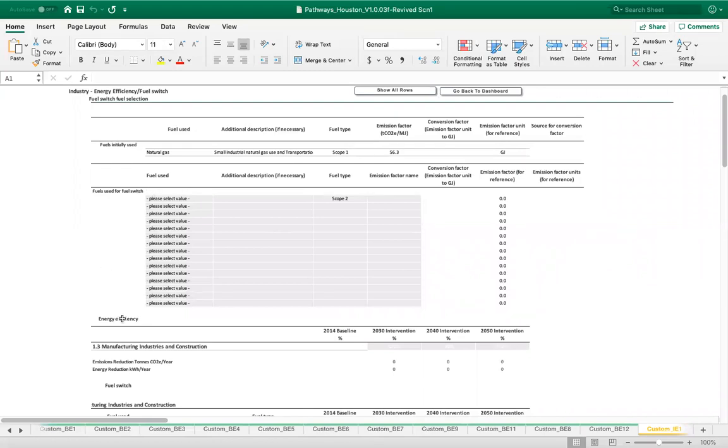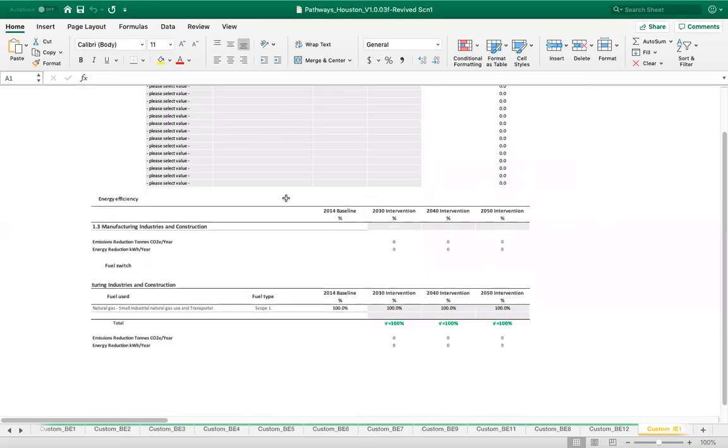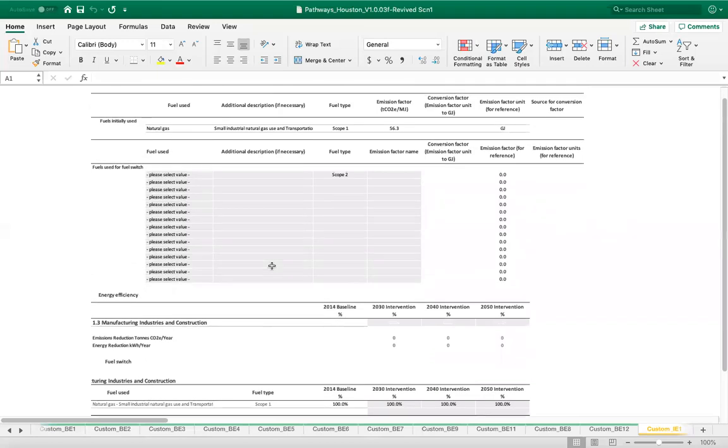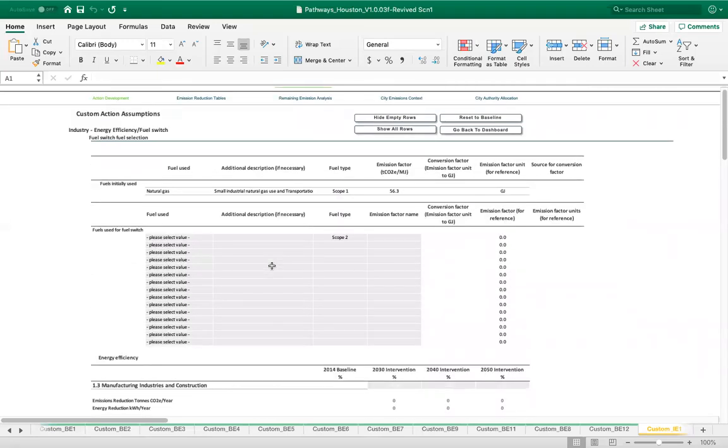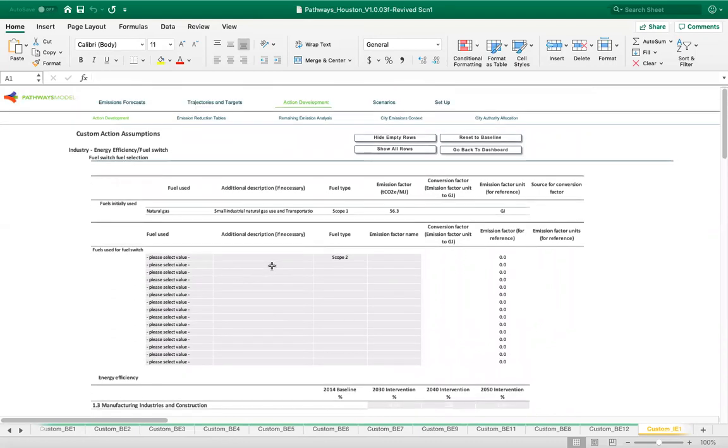So here, there's a significant list of fuel switching that you can put in place applied to scope 2. And similarly, you can do a little bit with construction. But really, for industrial, it comes back to fuel switching and efficiency.